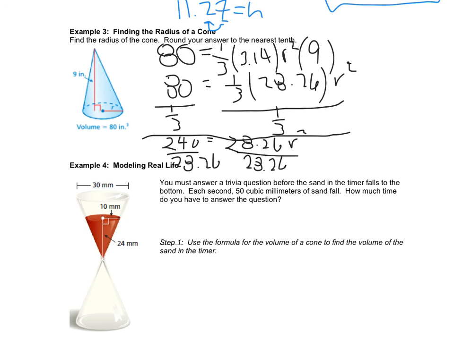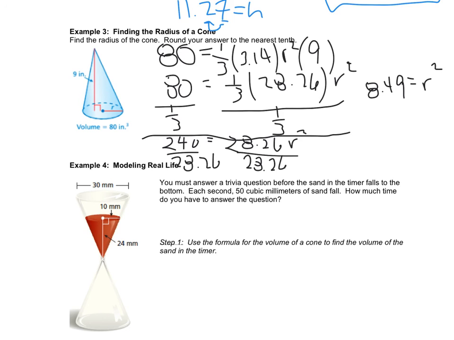Now when I take 240 divided by 28.26, I get 8.49 equals r squared. So unfortunately, it's not a nice number. I'm basically just going to be using the calculator to figure out this answer.